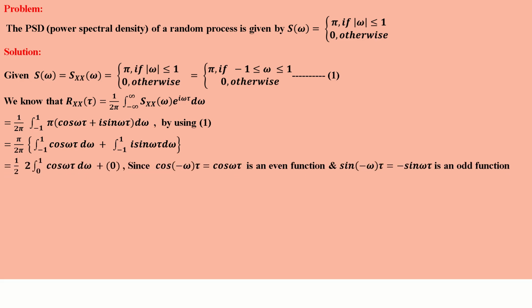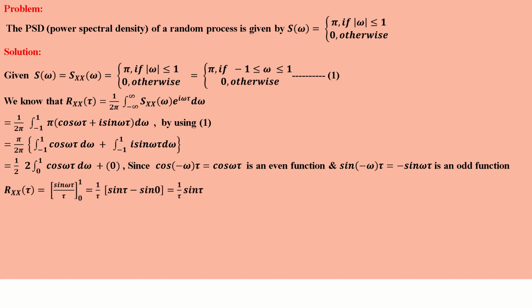We know cos ωτ is an even function, so applying the property of definite integral, it can be written as 2 ∫ from 0 to 1 cos ωτ dω. So π cancels, and you get 1/2 times 2 ∫ from 0 to 1 cos ωτ dω. And sine is an odd function, so as per the property of definite integral, ∫ from -1 to +1 sin ωτ dω is equal to 0.